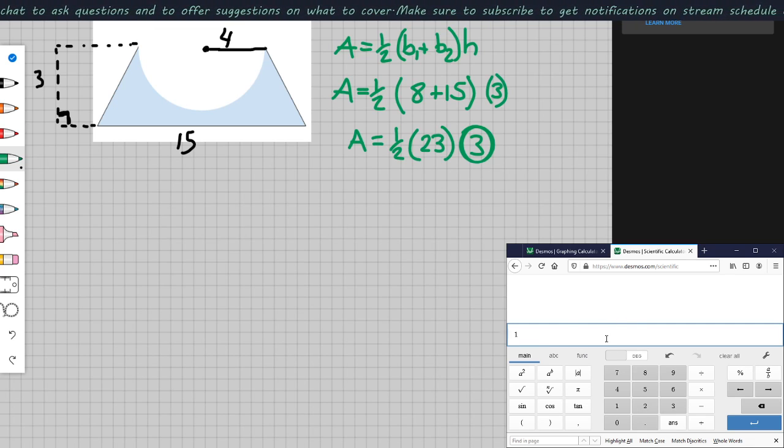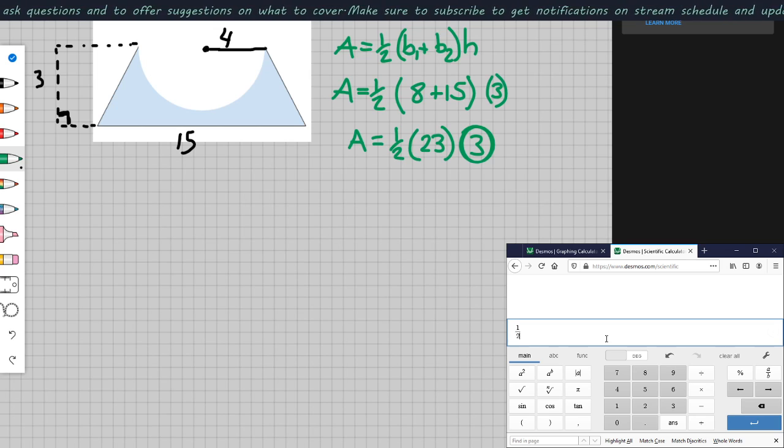So 1 divided by 2. Please make sure when you're using your Chromebook to press the right arrow to get to the side of the fraction bar. You can also click over there as well instead. Then we're going to multiply 23 times 3, and we get our answer is 34.5.